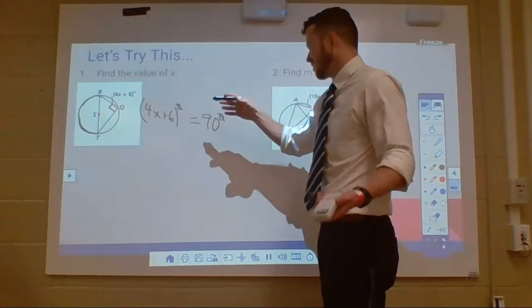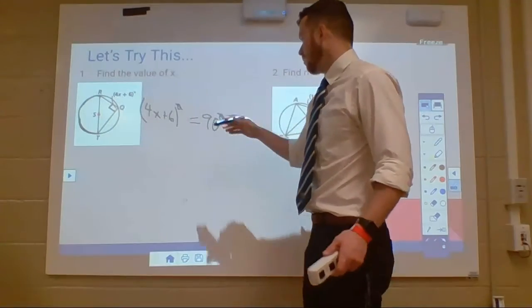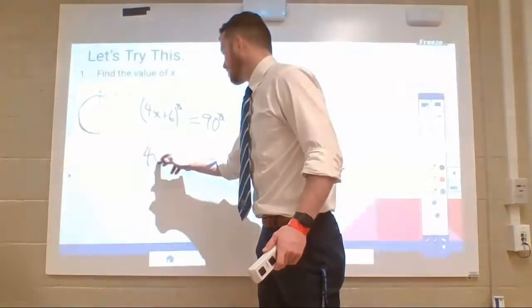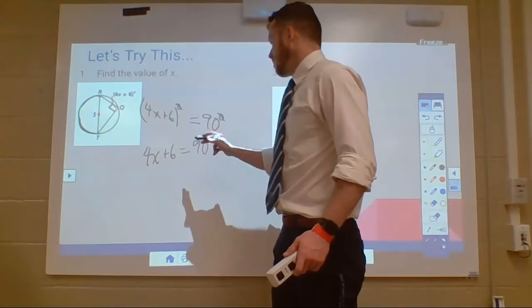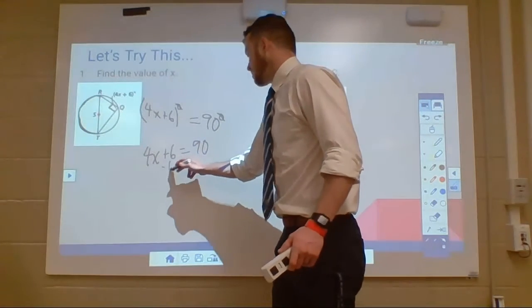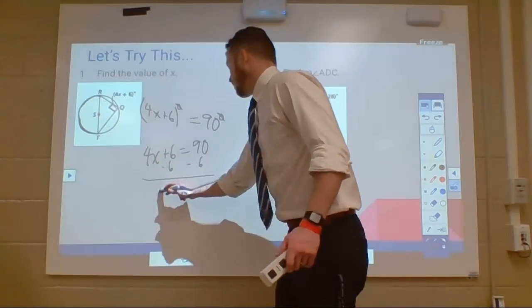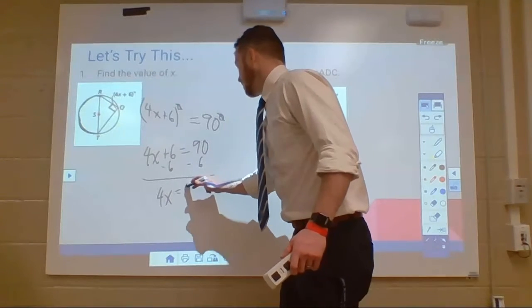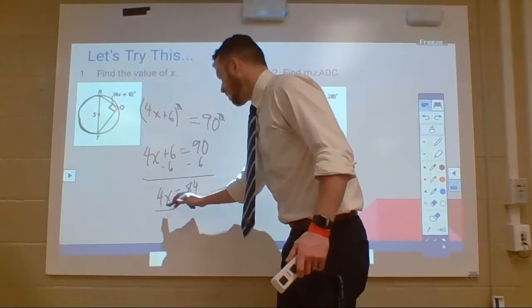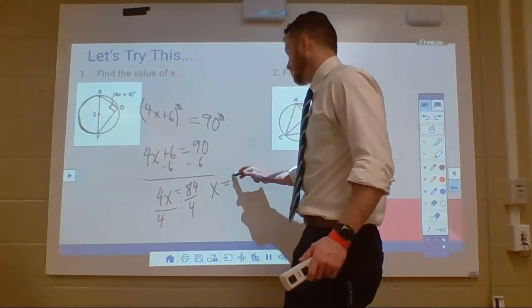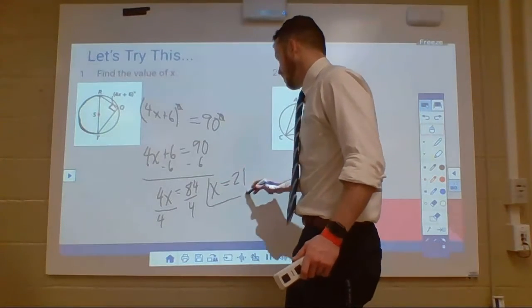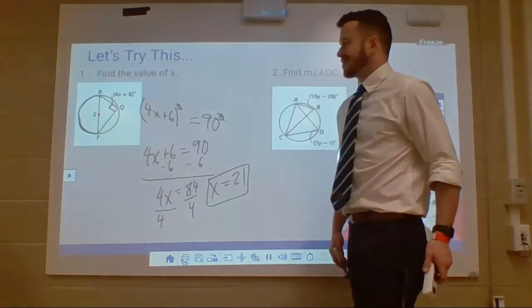What we'll end up having is 4x plus 6 equals 90. So then solve this out, subtract 6 on both sides. We get 4x equals 84. Divide both sides by 4. We get x equals 21.